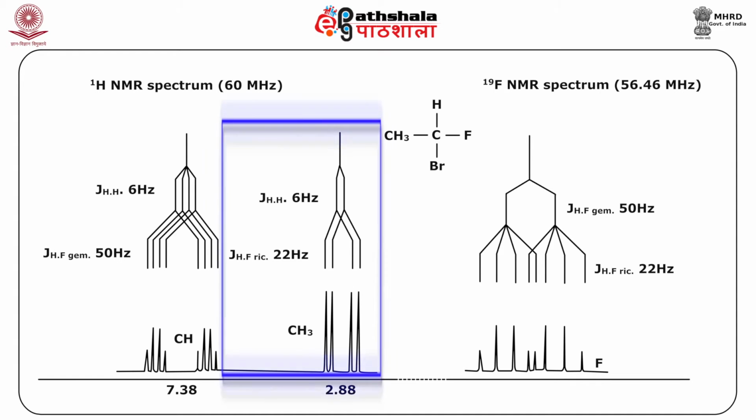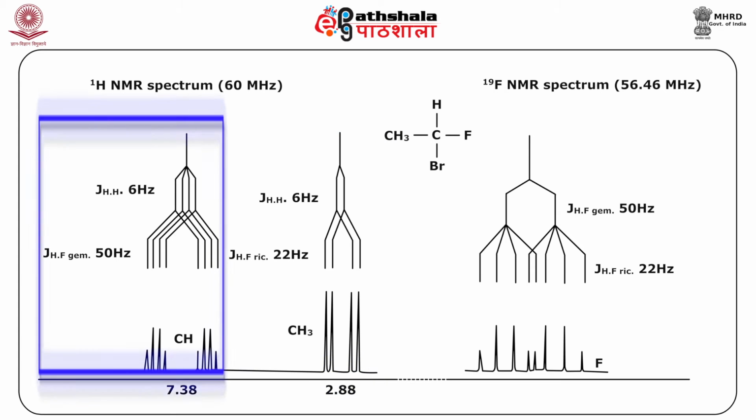The methyl signal is further split by 19F. Each line of the doublet is split into 2 by the large vicinal hydrogen-fluorine coupling, whose coupling constant is 22 Hz. The methyl signal therefore appears as a double doublet.